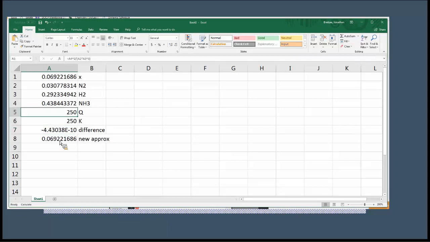Now, if you end up with some kind of crazy number, like a negative number here for the concentrations, and maybe some huge number for the difference, then that means the calculation did not converge. And so, if that happens, take a look at your formula at the bottom here. Look at that formula and check.